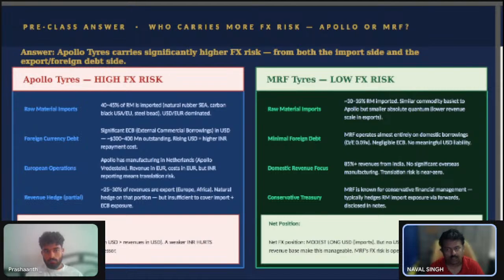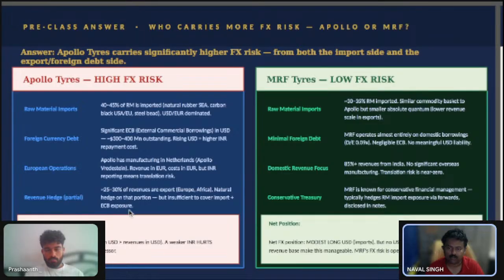Europe, anyway, I think the euro is a stronger currency than the dollar currently. But Africa, I'm not so sure. Some countries in Africa are weaker. Those revenues will support them because they are buying raw material in dollars and getting money in dollars. A natural hedge on that portion, but insufficient to cover import plus exposure.